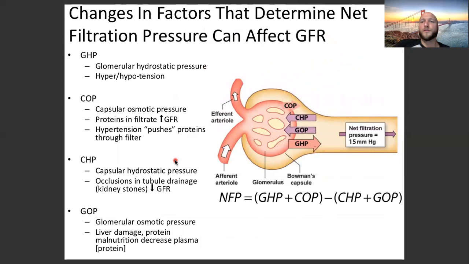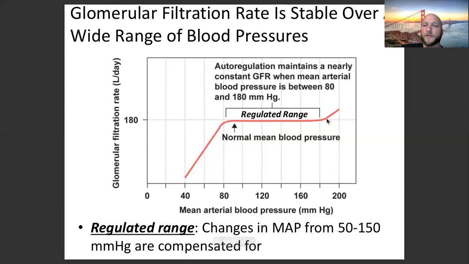All right, let's take a closer look at these forces that promote filtration. So we have GHP, or glomerular hydrostatic pressure. That's your blood pressure within the glomerulus. What can change this? Well, extreme hyper or hypotension. That's what we're talking about up here.